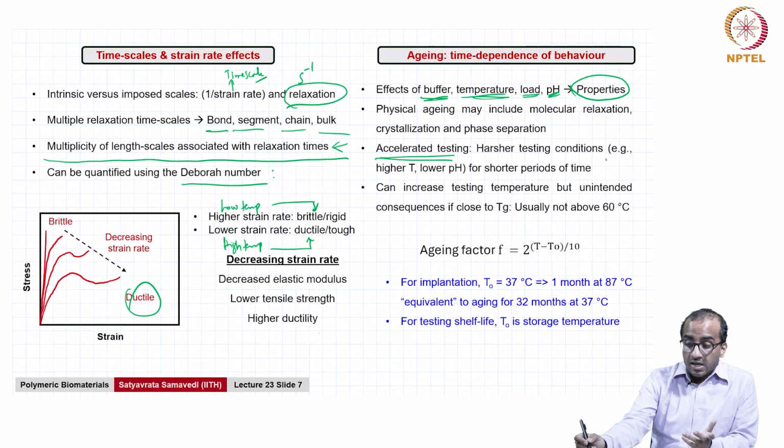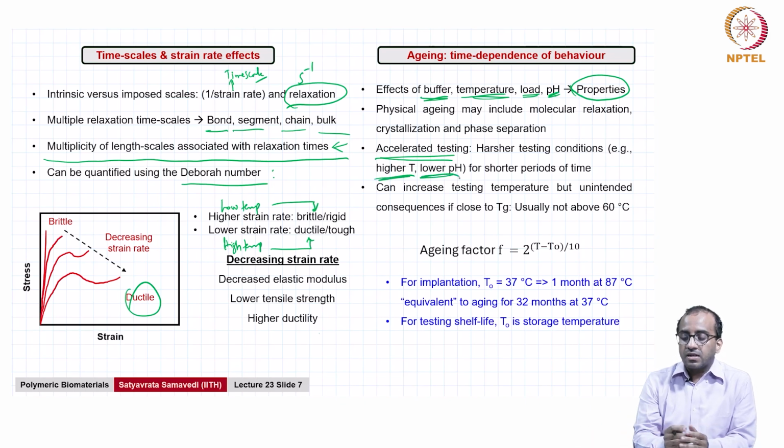These harsher testing conditions could include higher temperature, lower pH, etc., than the intended implantation conditions, but now you test them over shorter periods of time. So, what you are trying to say is you can find some kind of an equivalence, quote unquote, between testing them under much more stringent and harsher conditions for shorter periods of time than testing them under the intended conditions for say years.